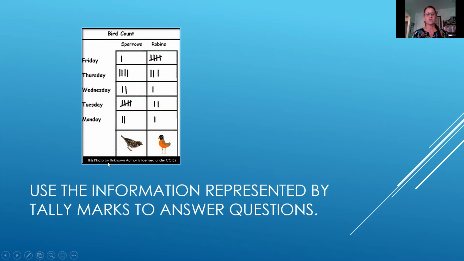So you can use the information represented by tally marks to answer questions like, how many birds were seen on Friday? If we look at Friday, we add 1 plus 5, and you would get 6.